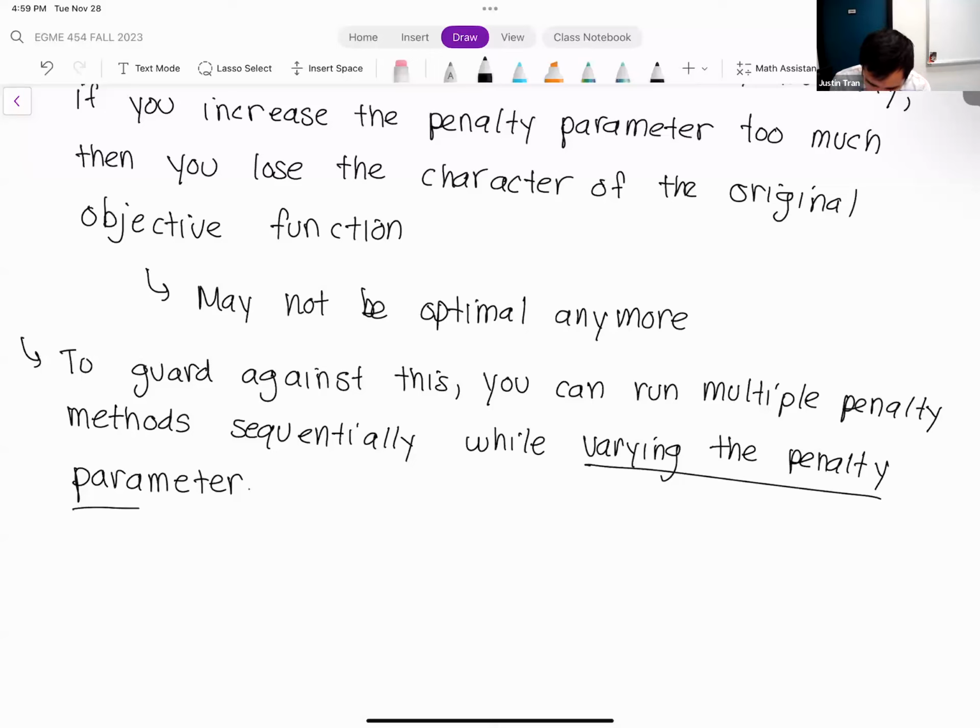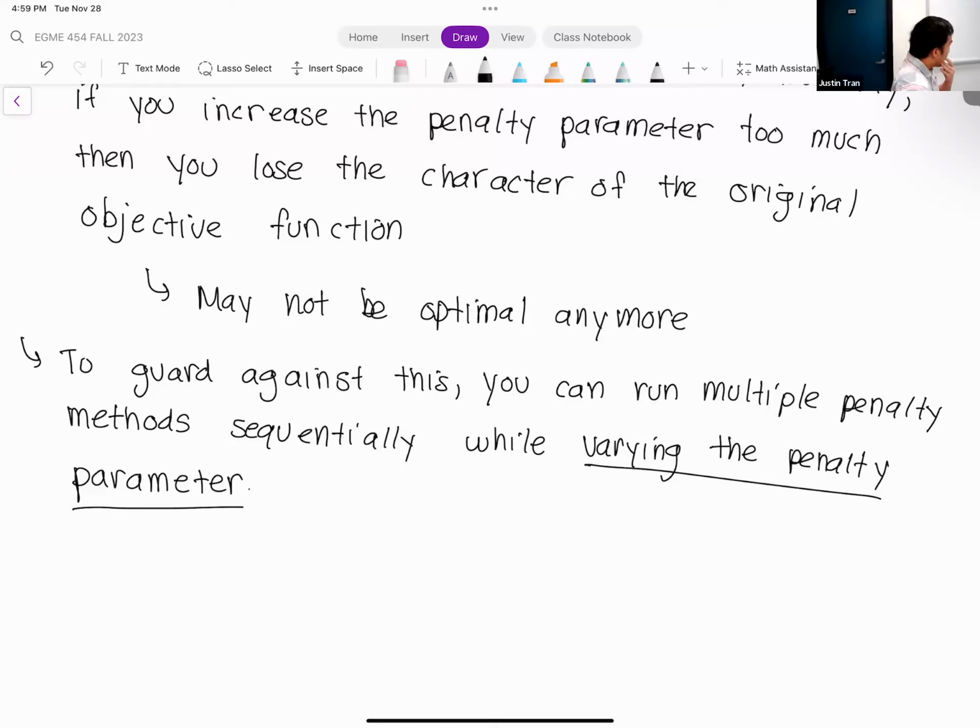And so the key here is that when you run the optimization one after the other, each time you change the value of the penalty parameter. Okay. There are a few ways to do this. There are some methods called interior methods and some methods called exterior methods. Okay.